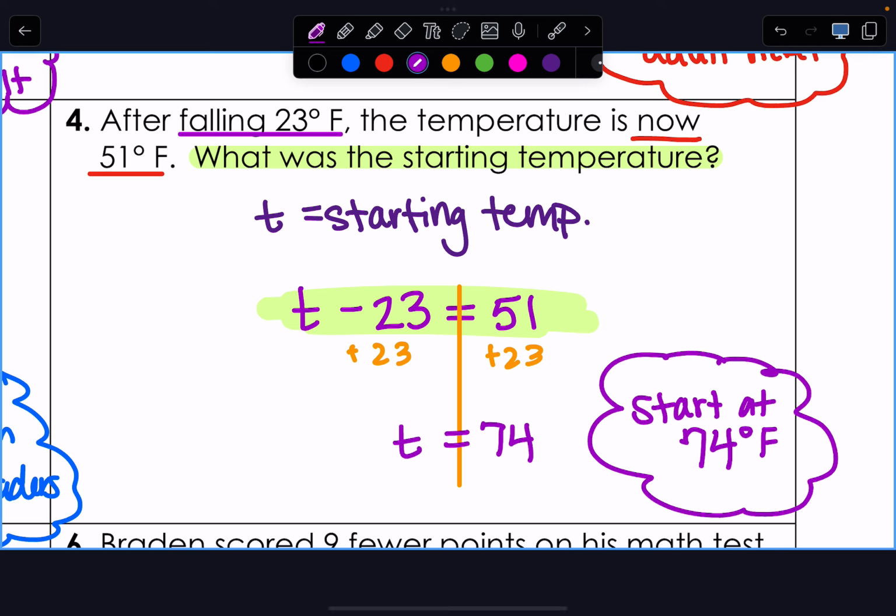What I don't want is you just circling 74. If you say 74 degrees, I'm going to be pretty happy. Just make sure you put the dollar sign, the degree sign, people, bunnies, bubbles, whatever you're counting. Whatever you are finding, make sure it gets labeled.